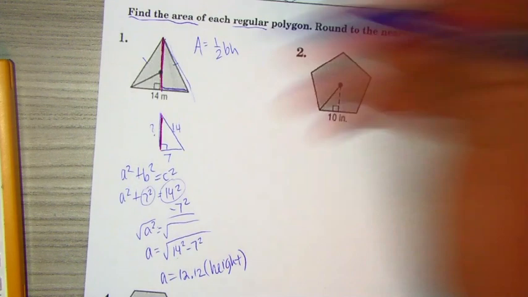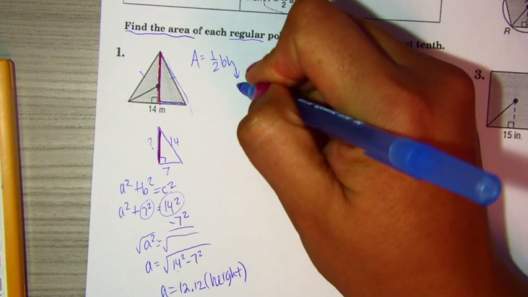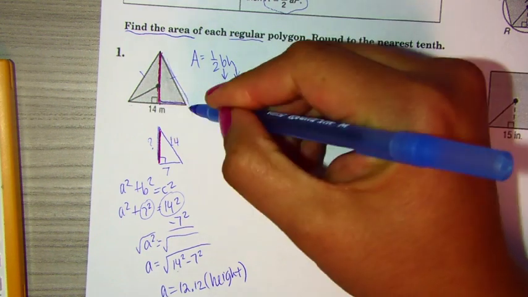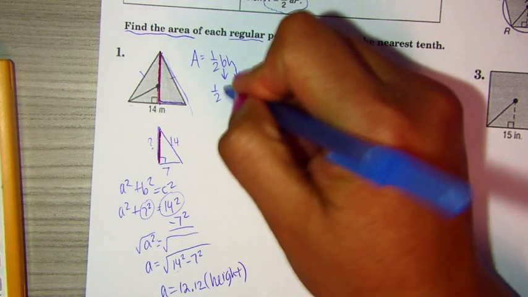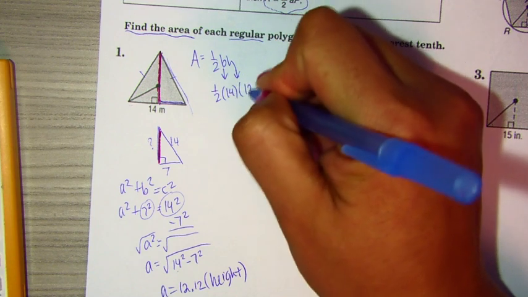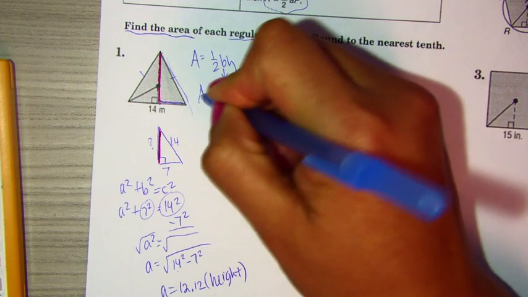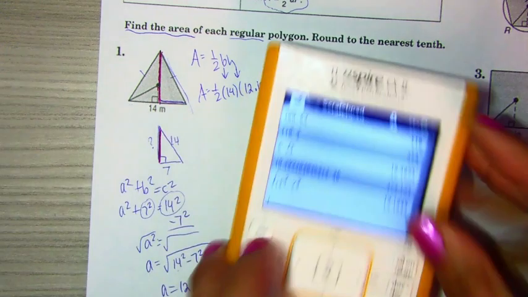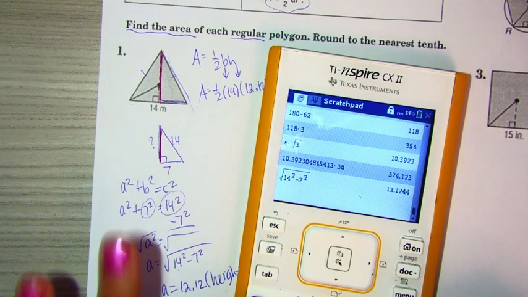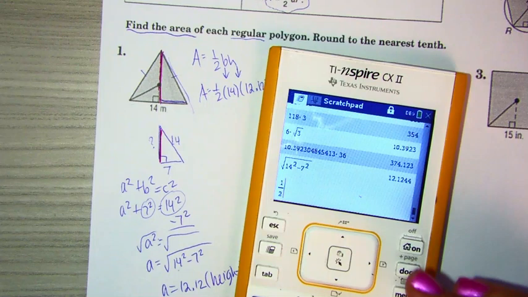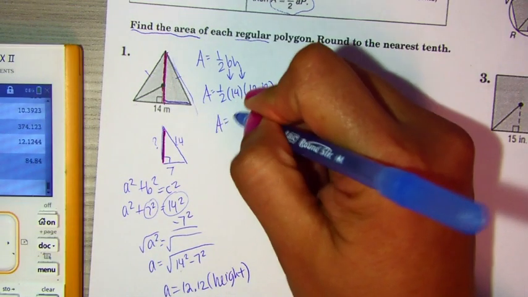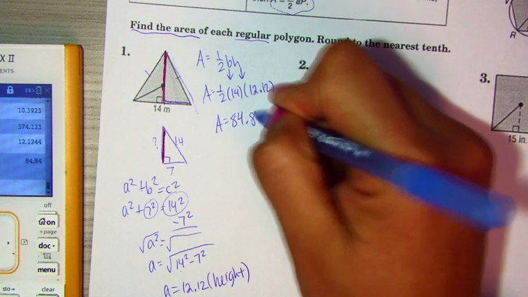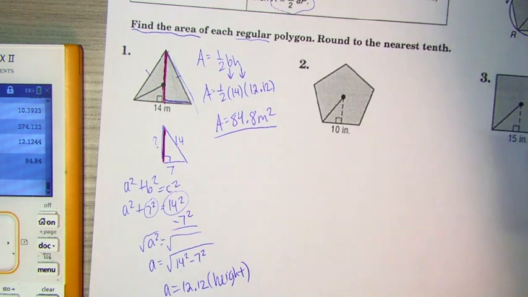And now that we have the height, we substitute it here. And then the base we said was 14. So 1/2 times 14 times 12.12. All of that combined should give you the answer, 84.8 meters squared, which is the area for this triangle.